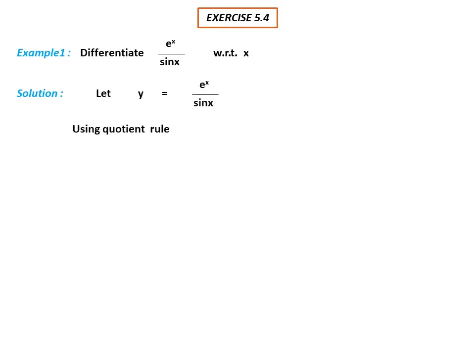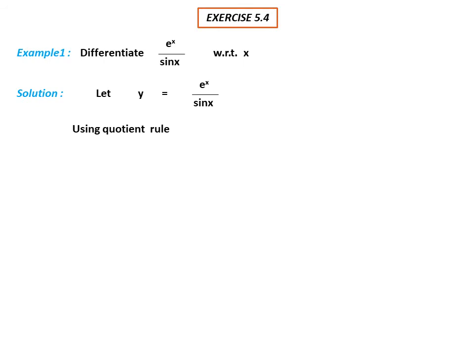Now let us take exercise 5.4. There are many questions on this function only. Example 1, differentiate e power x by sin x with respect to x. Of course here we have to use quotient rule. Therefore let y equal to e power x by sin x.